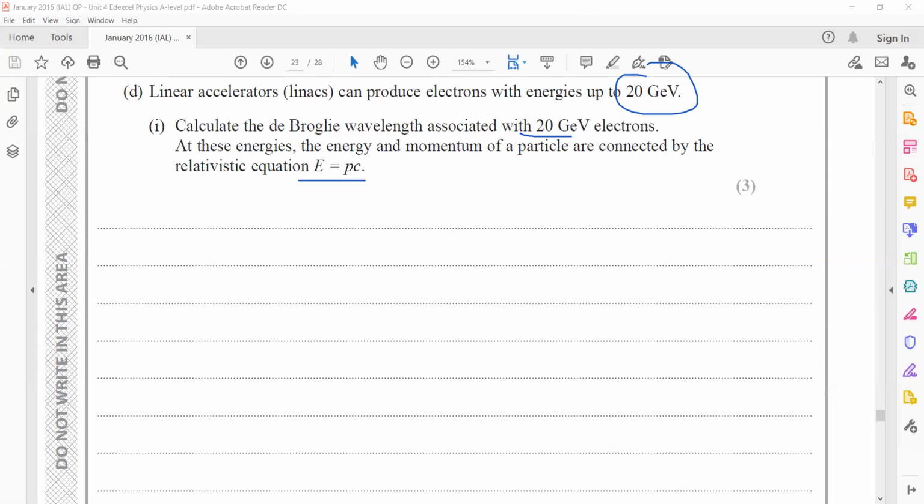So what you can do, you need a de Broglie wavelength. If E equals Pc, it means P, the momentum, equals E divided by c. And the de Broglie, as you took in AS, lambda equals h over P. So after getting the momentum and Planck's constant, you can find the wavelength.